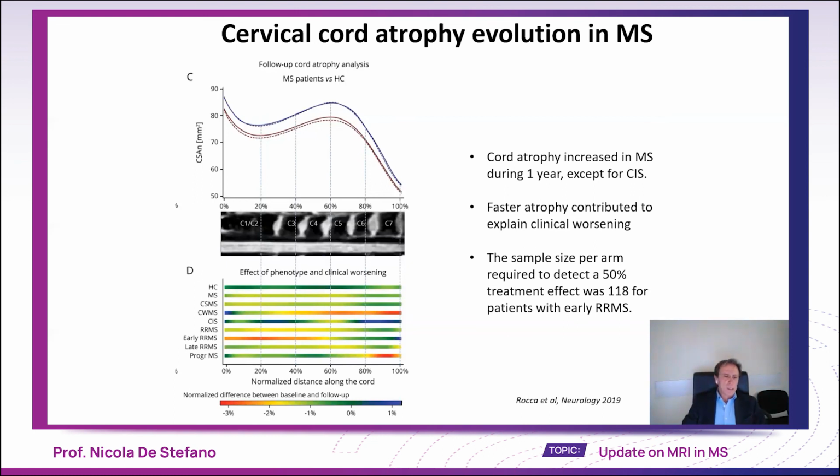Several studies have shown the importance in different phenotypes of MS and how spinal cord atrophy is evolving over time in different phenotypes, and how this can correlate with the clinical worsening of these patients. So it's definitely important, definitely something that is going to become, I think, a measurement which is going to be important in the future.